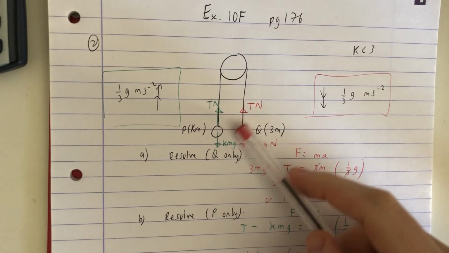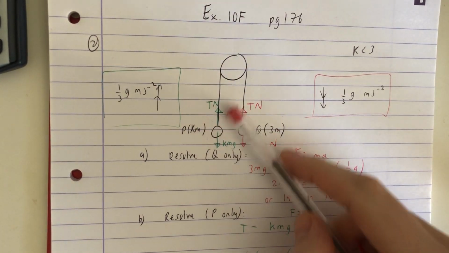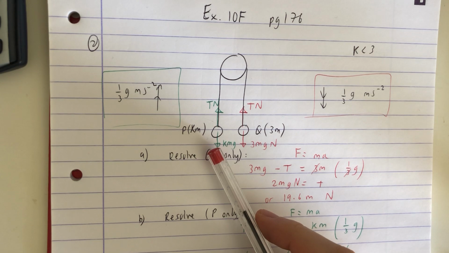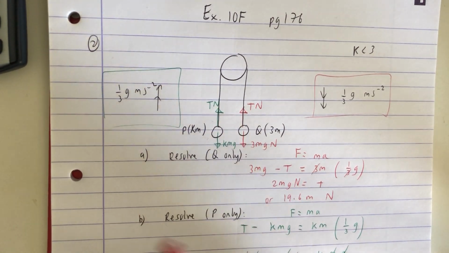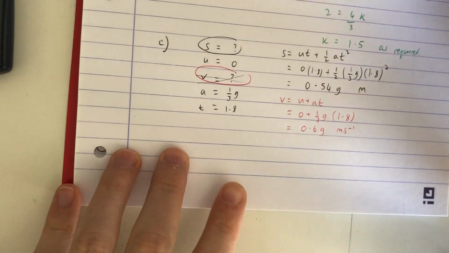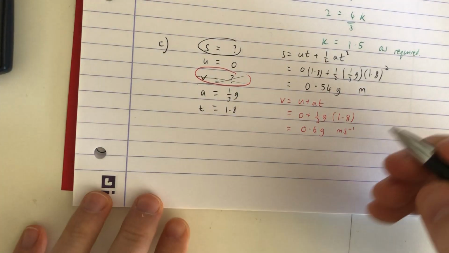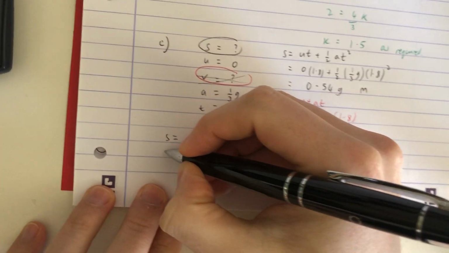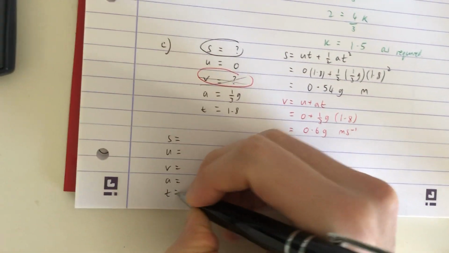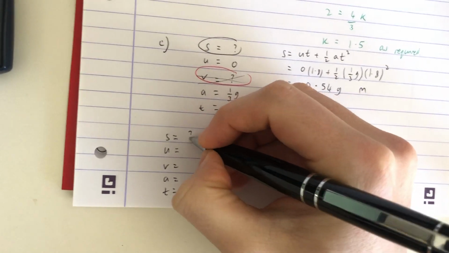But then once Q hits the ground, the string becomes slack, and the only force acting on the object is its weight, which means its acceleration will be minus 9.8. So let's pursue that. S is unknown.